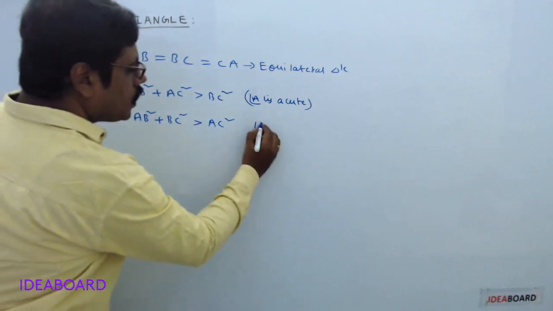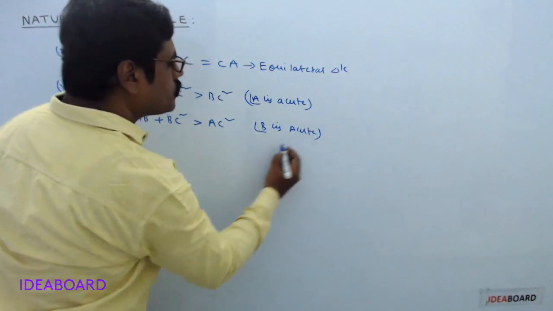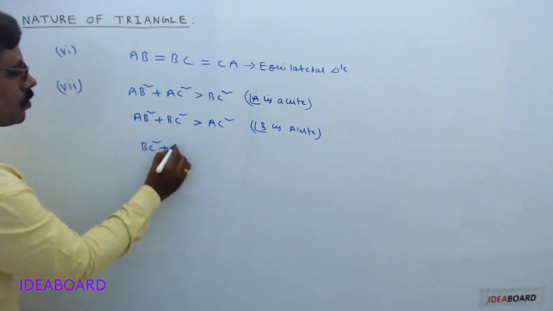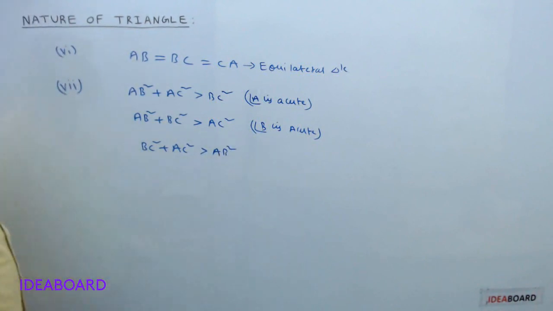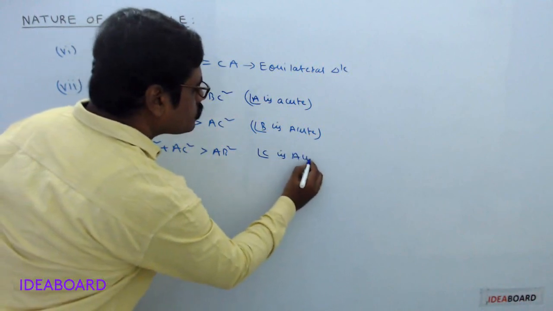In this case, angle B is acute. Suppose BC square plus AC square greater than AB square. In this case, angle C is acute.